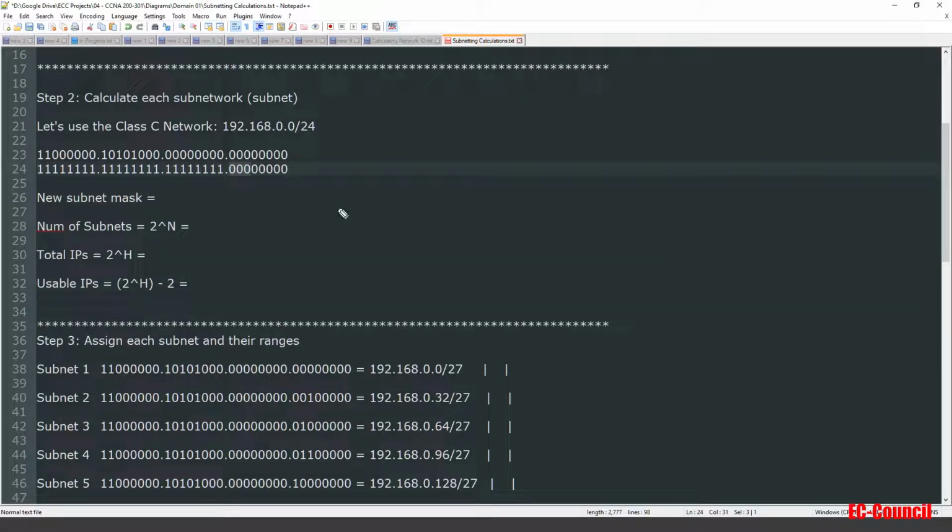So remember, we are changing these 3 bits into ones because we choose to use these bits. But we are changing the bits in the subnet mask first. Therefore, this is our new subnet mask. And if we convert it to binary, we'll get this new result.